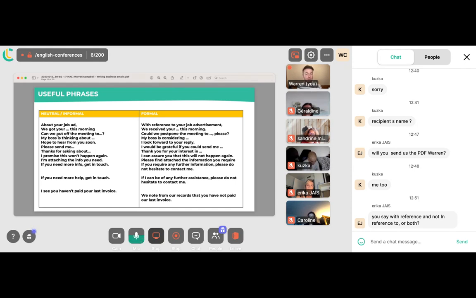My point about phrasal verbs as well. Put off, or postpone. Okay? Can we put off the meeting to Friday? In a more polite way, one could say, could we postpone the meeting to Friday, please? As English speakers, we love to use the word please a lot.